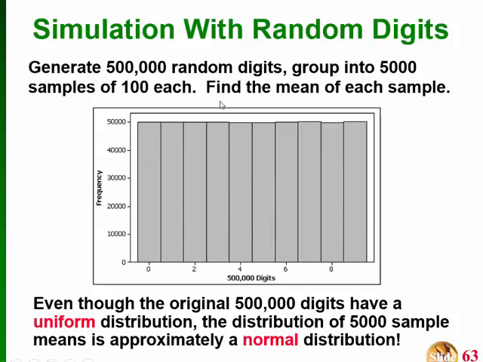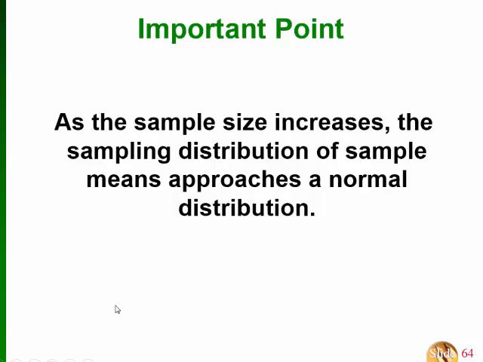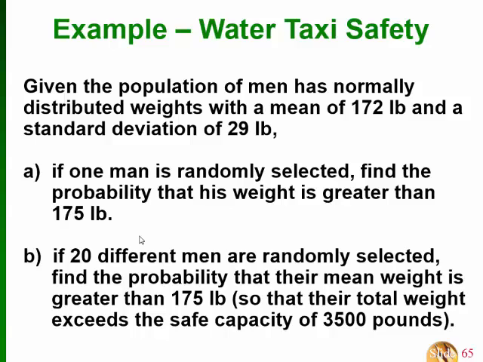And so if they take a look at that distribution, it looks pretty uniform. Now if we start increasing the sample sizes, then that distribution is going to look more and more normal. Okay, let's get past the theory behind this thing and actually take a look at an example.